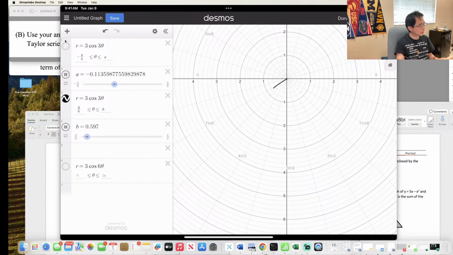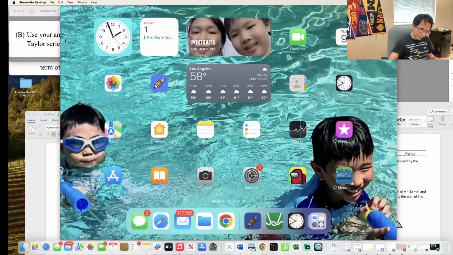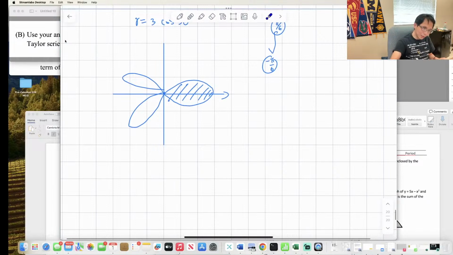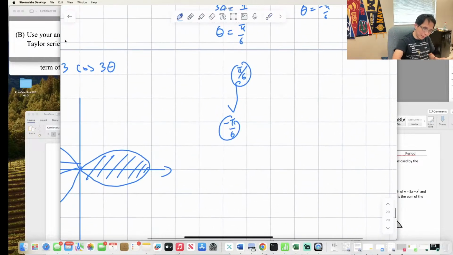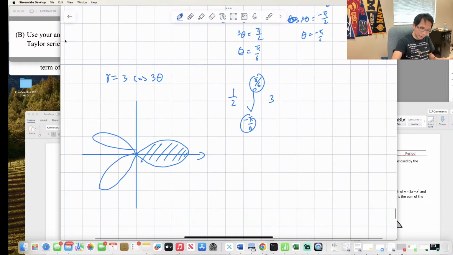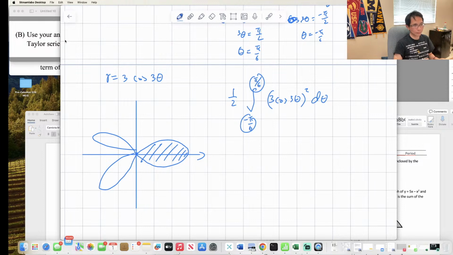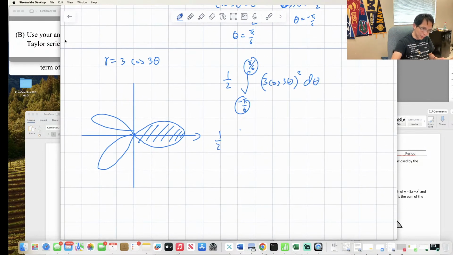Is that okay? So what we can do is find the area of the first paddle. The area of the first paddle is going to be 1/2 r squared, where r is 3 cosine of 3 theta, and then we square this, d theta. If I work this out, you're going to say this is a lot of work.